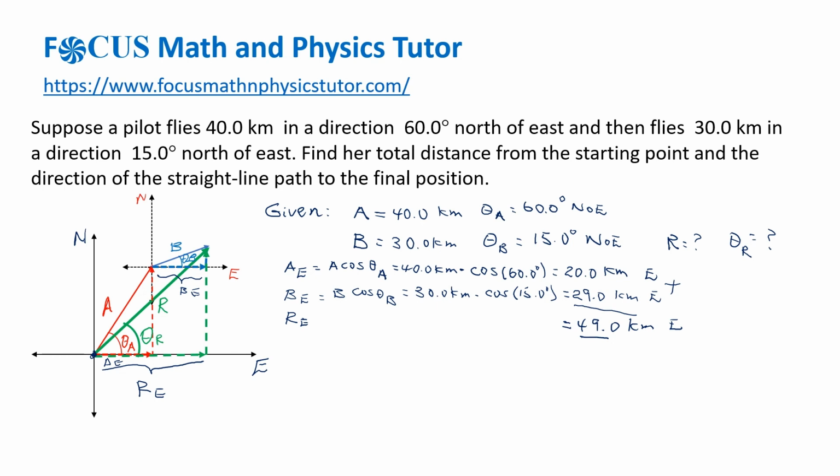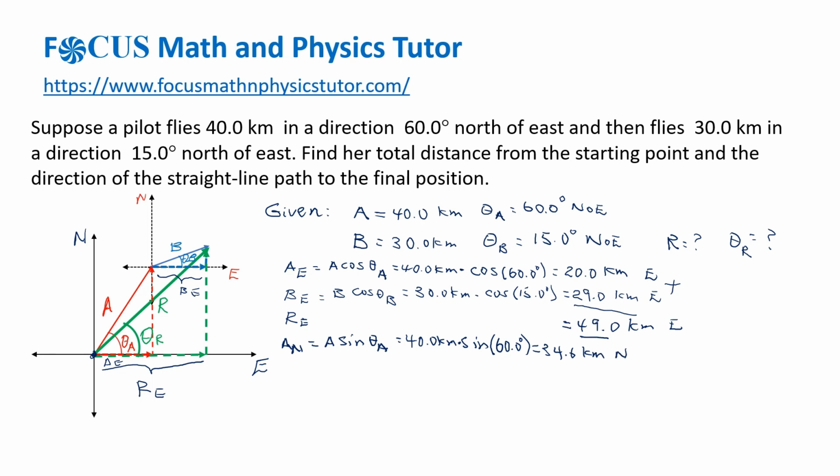So in the north direction, A sub n equals A sine theta A, 40 kilometers sine of 60.0 degrees. That's equal to 34.6 kilometers north.